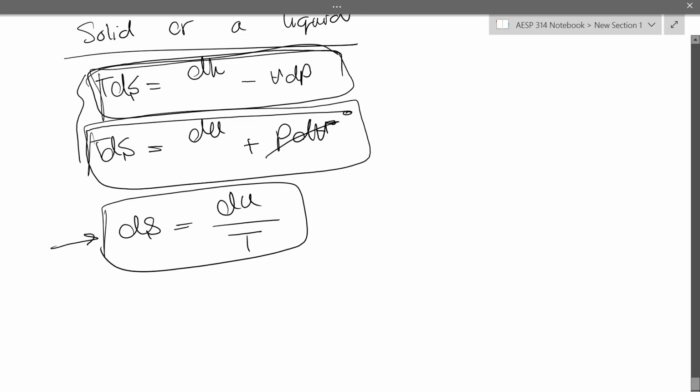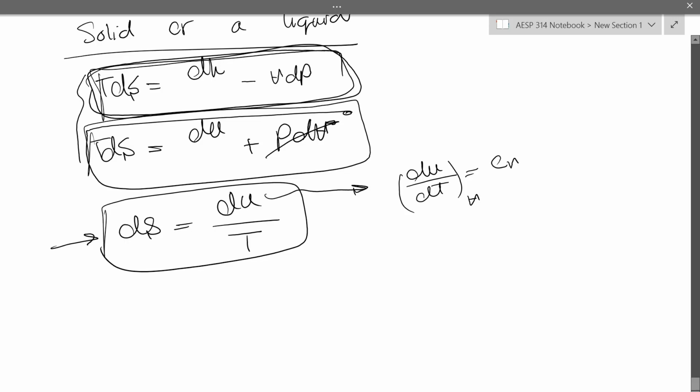Or we can use this equation. So dU/dT is equal to Cv for an incompressible substance. This is always the case. It is always Cv.